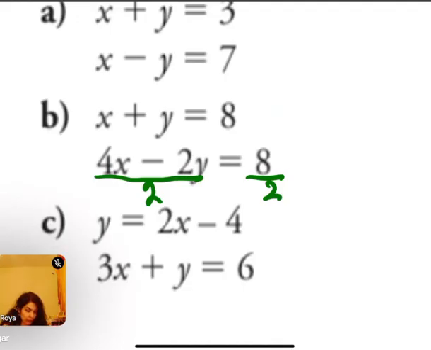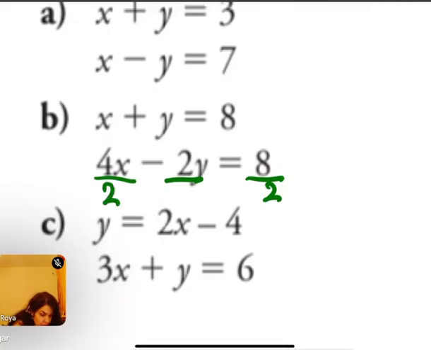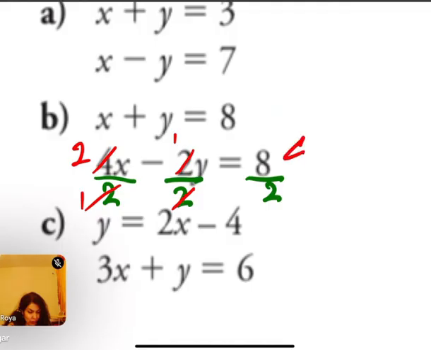When you simplify, 4 divided by 2 is 2, and 2 divided by 2 is 1, and 8 divided by 2 is 4.